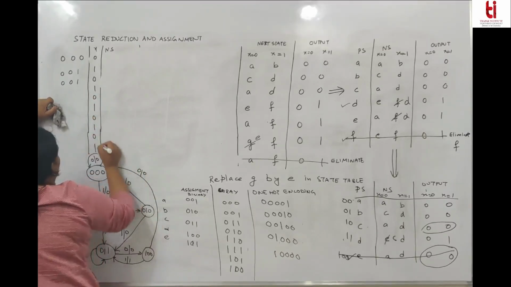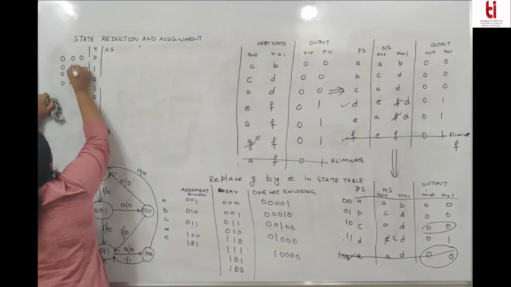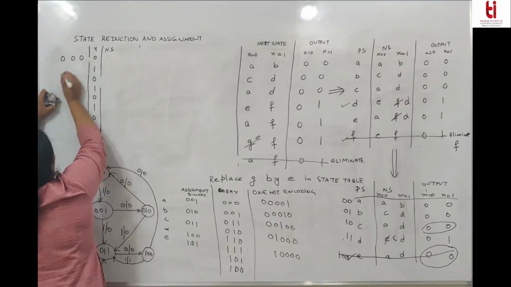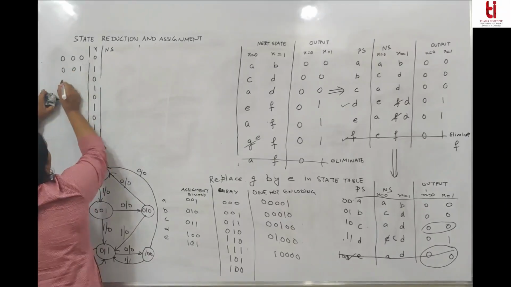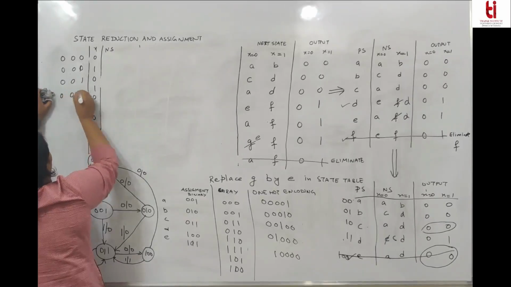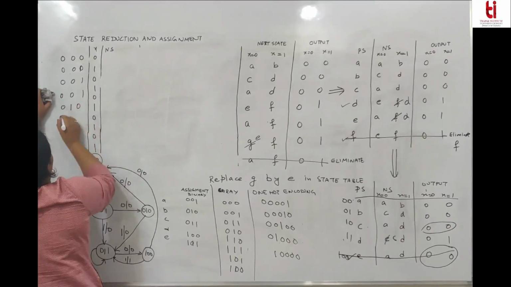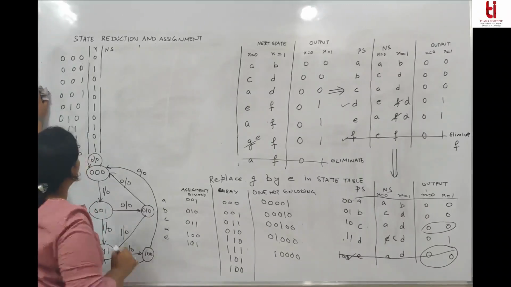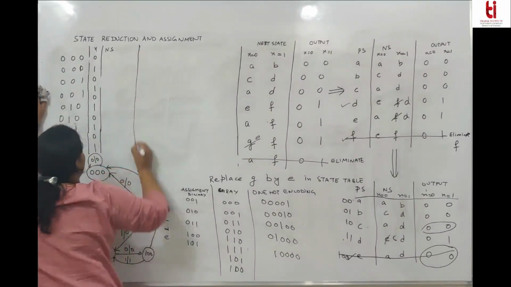So I have something like all the states, all the states with x equal to 0 and x equal to 1.